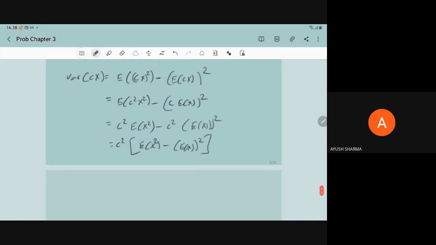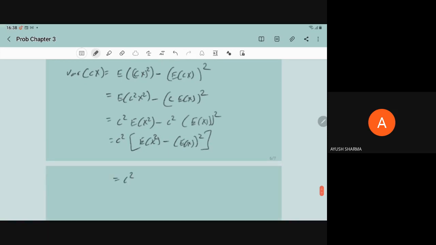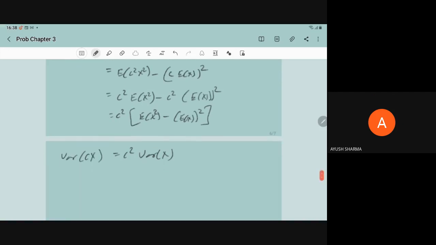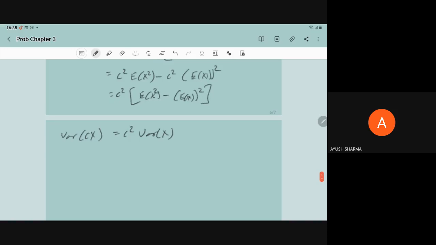So what is this big bracket? It is the variance of x. So variance of cx is equal to c square into variance of x.